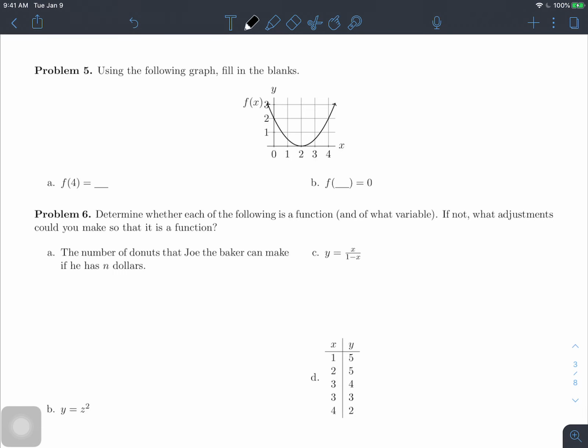The way we figure this out is first of all to recall that what goes on the inside of our parentheses is going to be our input. And our inputs are always written along the x-axis.